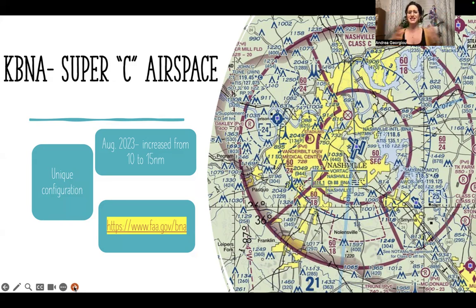So they basically extended it out from 10 to 15 nautical miles in August of 2023 and raised it up to 6,000 feet. And this is, like I wrote here, a unique configuration. This is not anywhere else in the world, in the U.S.